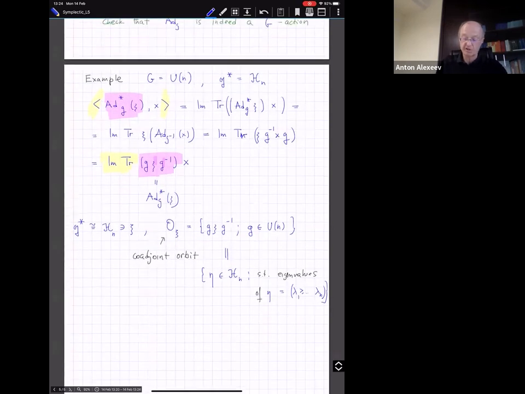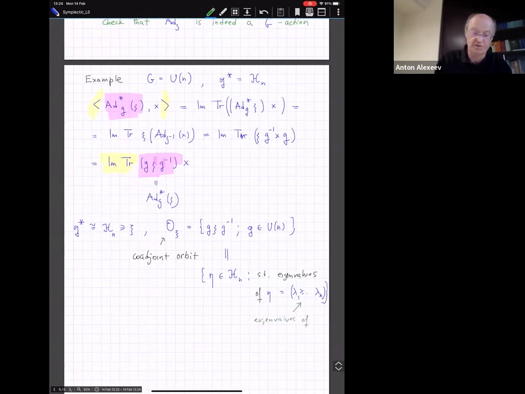And this ordered set, these are simply eigenvalues of Xi, right? So linear algebra tells us the conjugation by unitary matrices doesn't change eigenvalues. And actually, the set of eigenvalues is the only invariant.